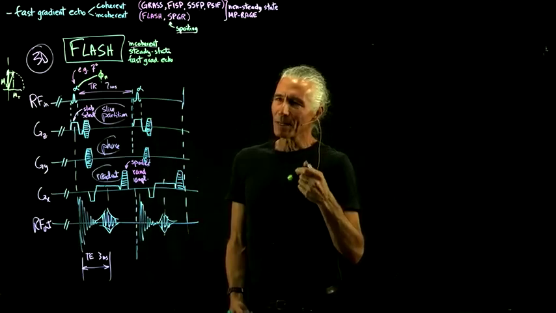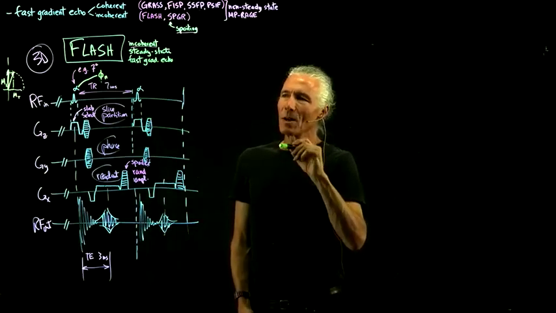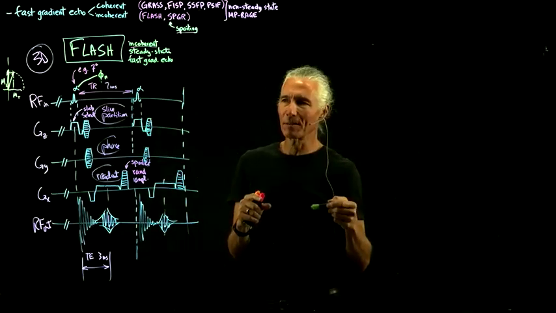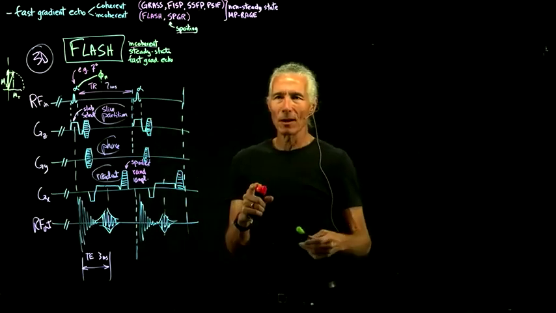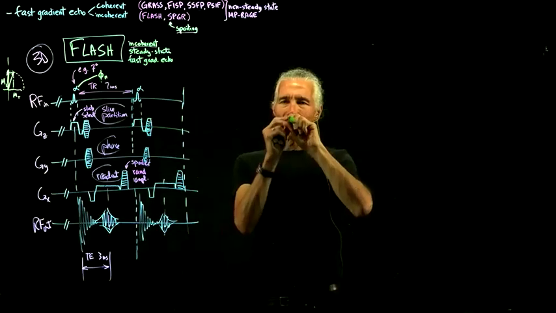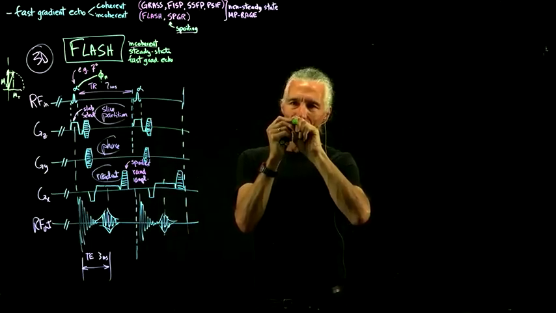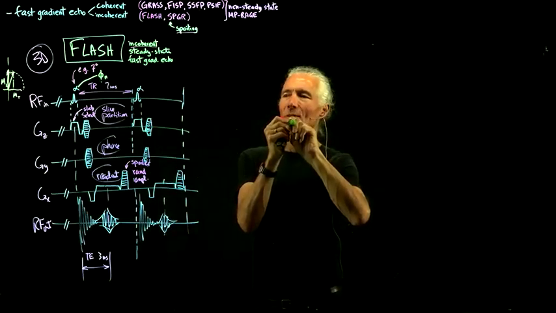But what does the phase mean? The phase means where is your oscillation with respect to time equals 0 set by the transmitter. So when you turn the transmitter on, the transmitter will say, I'm going to start with the magnetization of this 123 megahertz signal pointing in that direction at time t equals 0.